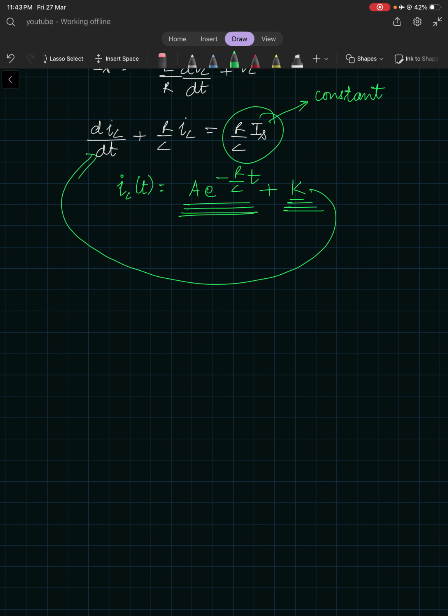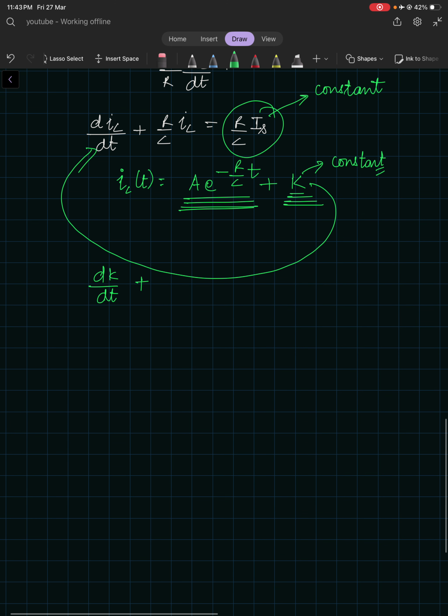So dK by dt plus, again I have assumed K constant, R by L into K is equal to R by L into IS.